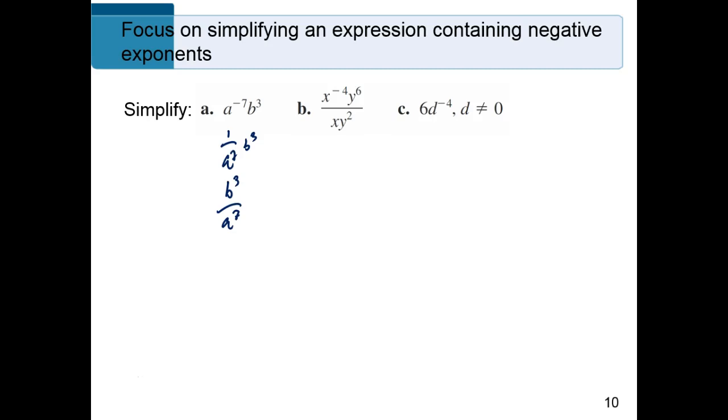Okay? The next one, b. Here's x to the negative 4th, y to the 6th, divided by x, y squared. What would you do with that one? Okay, move the x to the minus 4th to the bottom. What does that become then? Okay, y to the 6th over x to the 4th, y to the 2nd.